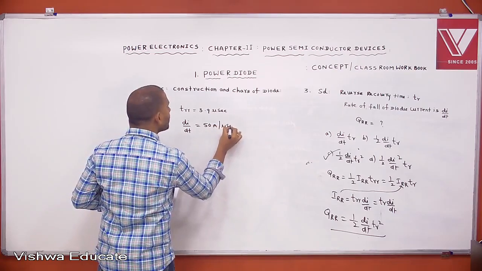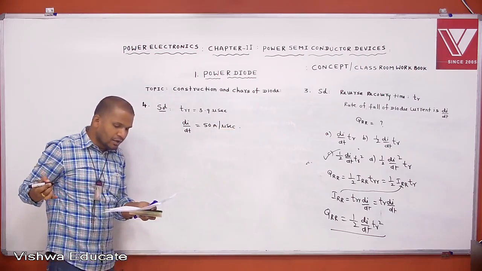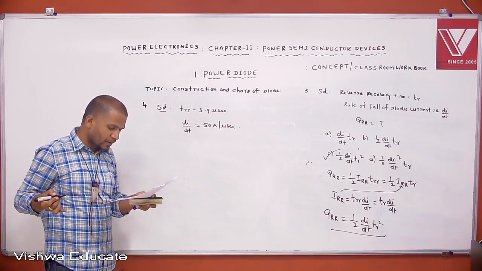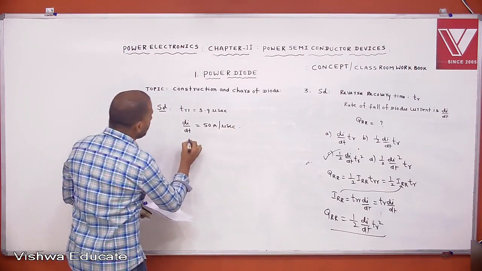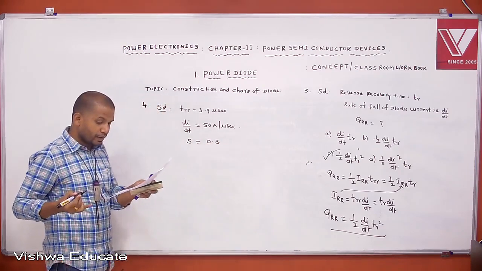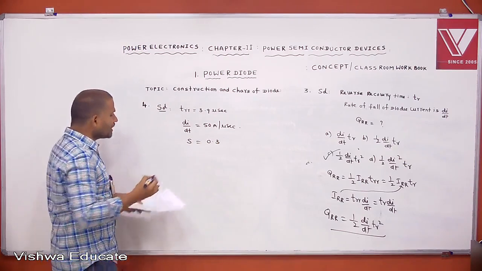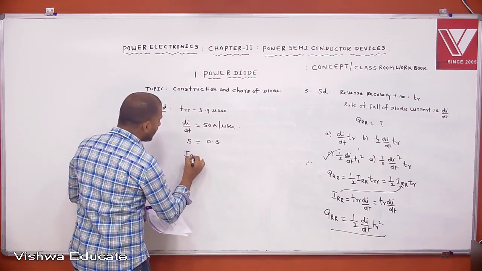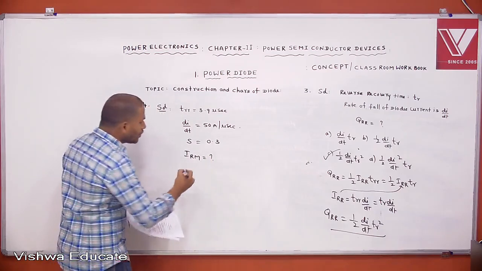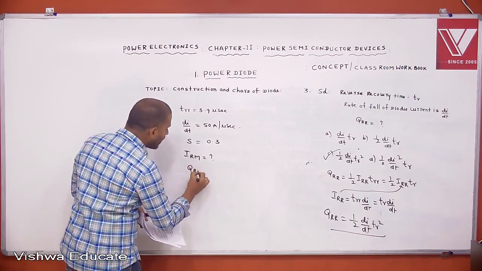The softness factor is 0.3. We need to calculate the peak inverse current, IRM, and the storage charge, QRR.